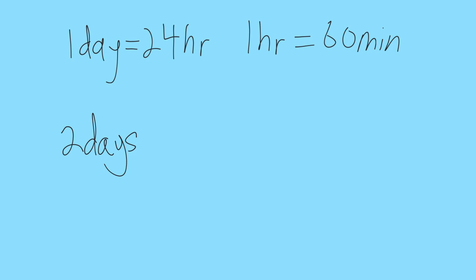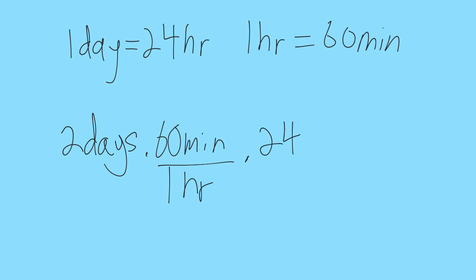So we want to end up with minutes. So we know that minutes needs to be on top. So we have 60 minutes over 1 hour. Then we want to get rid of hours. So we need hours to actually be on top here, and days are on bottom, so they'll cancel out. So 24 hours over 1 day.